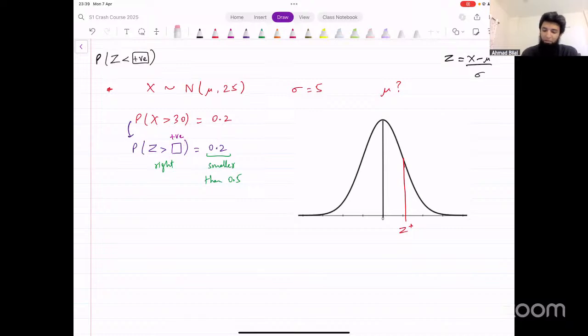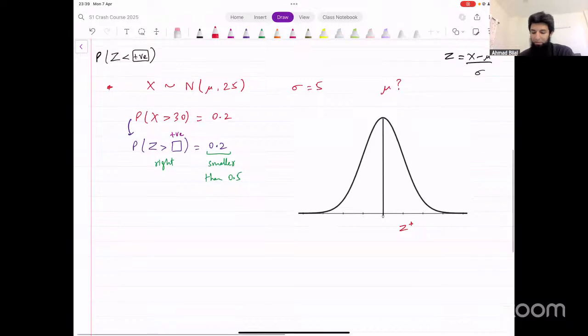We know that to the right of the Z value, this area is 0.2. Now, if this area is 0.2, what about the area to the left of this? If the right side is 0.2, this would be 0.8.